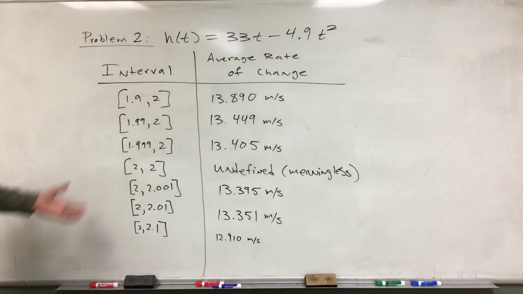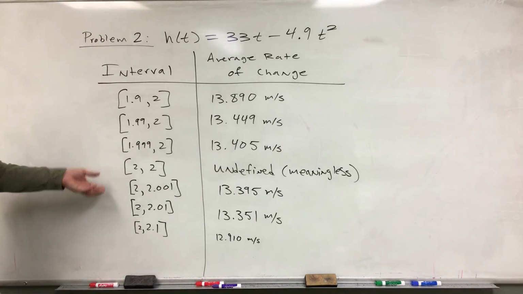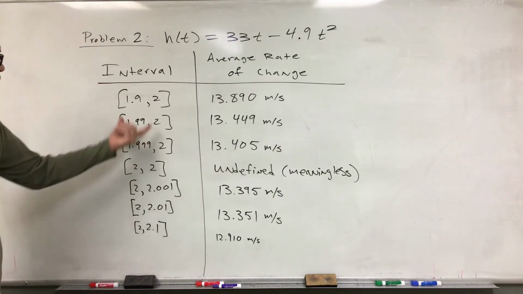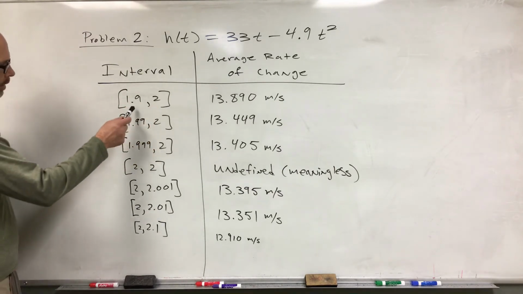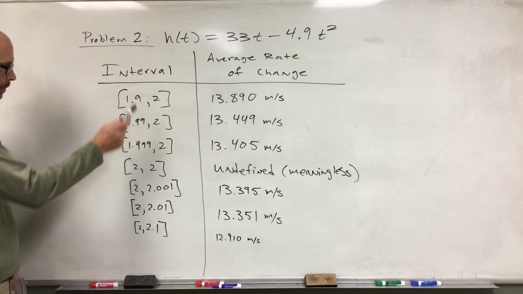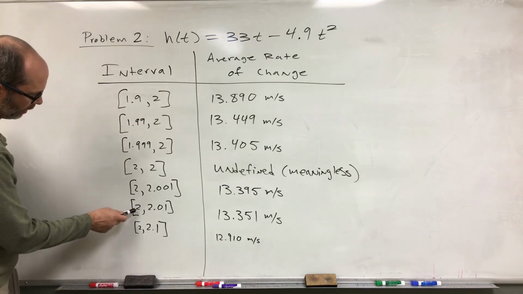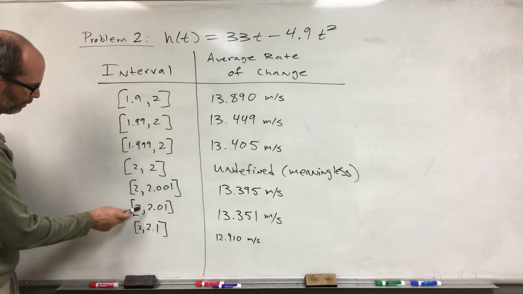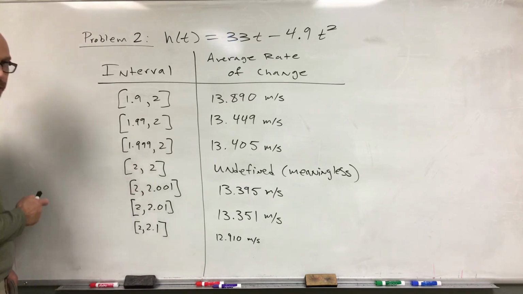So the instantaneous rate of change is the number that we approach as we make each of these intervals smaller. Notice that this interval is smaller than that one, this one is smaller than that one, and so on. So we're narrowing in, getting closer to 2, 2.